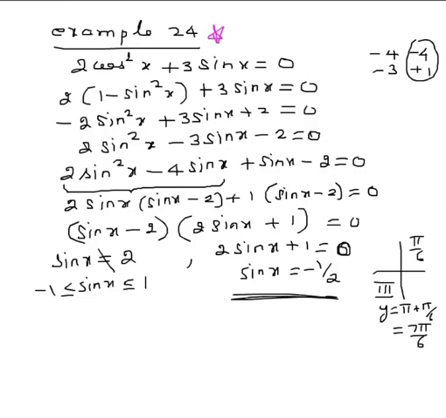Let us write the general solution for sin x is equal to sin y. The formula is x is equal to n pi plus minus 1 whole power n y. Now we are substituting y is 7 pi by 6, where n belongs to Z.